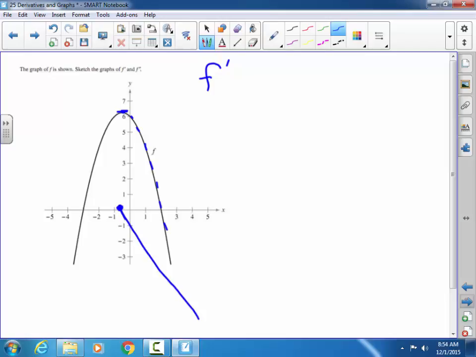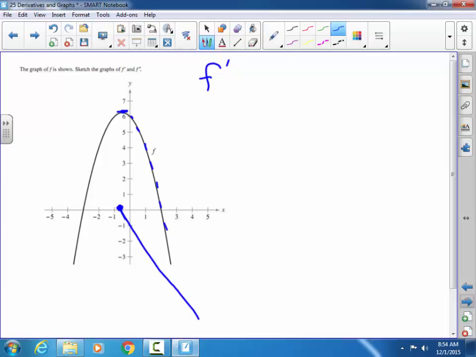Now, do I know that it looks like that line? Could it curve up or anything there? We don't really know yet, but we know it has to be negative down there. We'll save the rest of it. How can we determine if it's just a straight line down here or if it's going to curve back up somewhere?